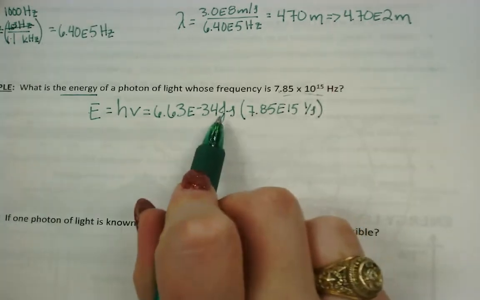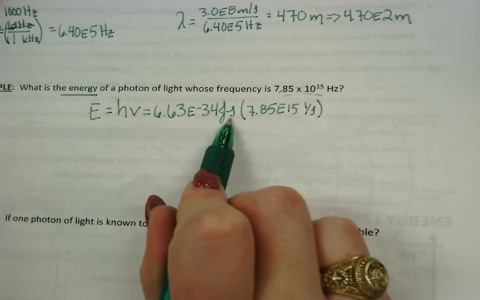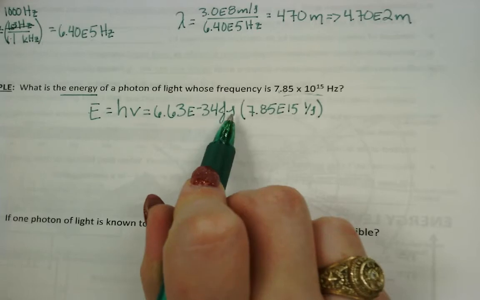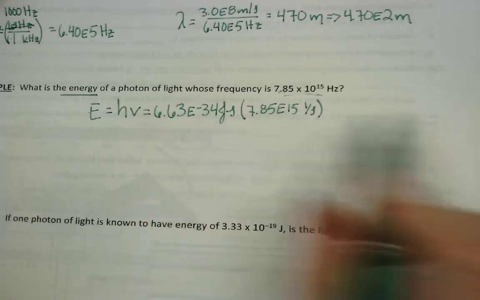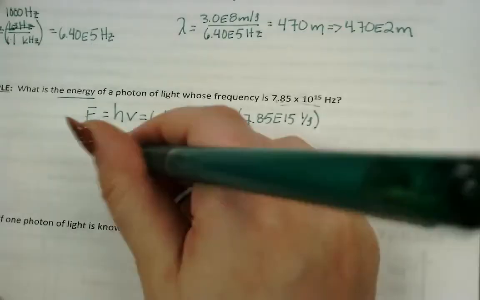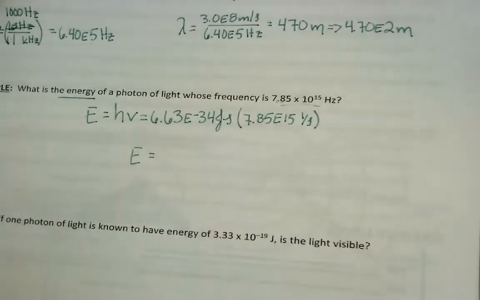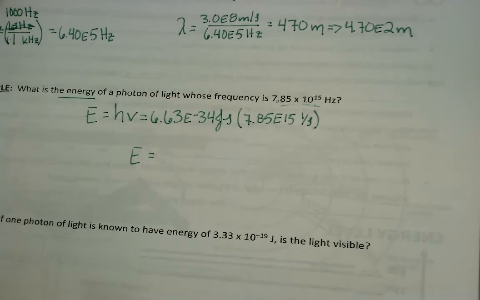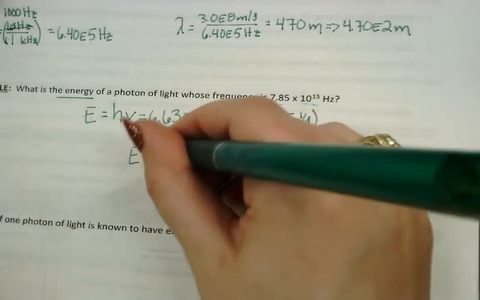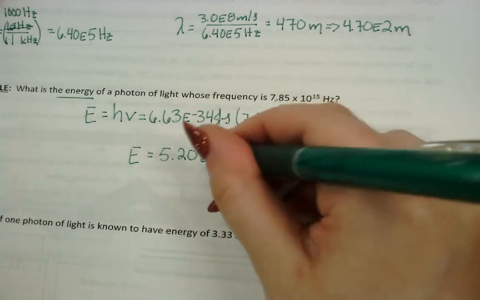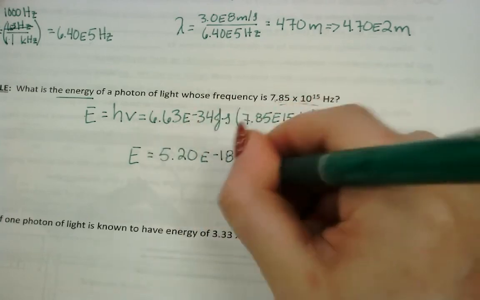Planck's constant is joules times seconds. Well, if we do seconds times 1 over seconds, we're left with just joules. So whenever we solve for energy, our energy unit is joules. When we solve, all we do is multiply, and we get 5.20 e to the negative 18 joules.